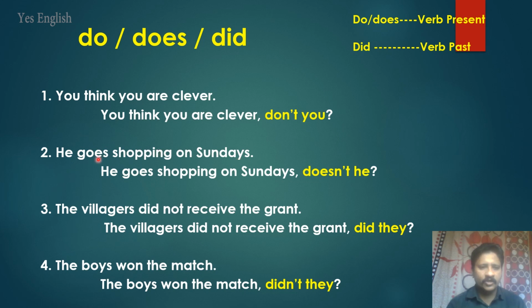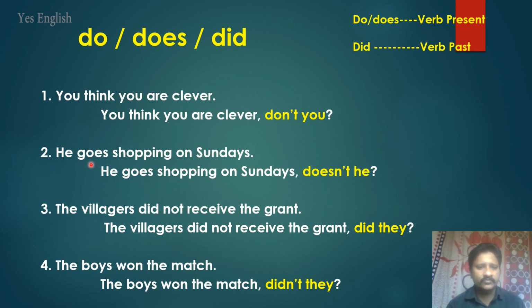Next one, he goes shopping on Sundays. So goes is the verb that's also in present tense, but instead of go, you can see an addition of es, and because of this reason, we use does. Here with think there is no addition of s or es or ies, so do is used.